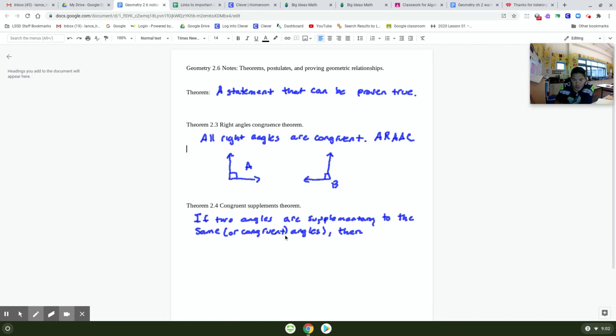I actually should put the parentheses here. Let me change that. If you thought about it, then those two angles would have to be congruent.